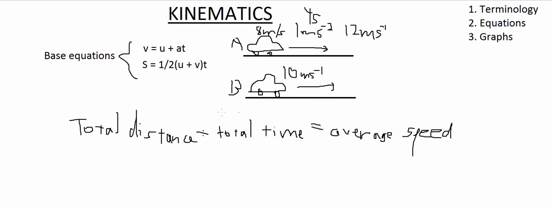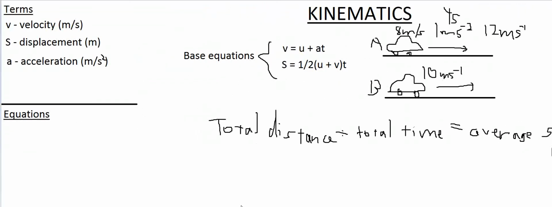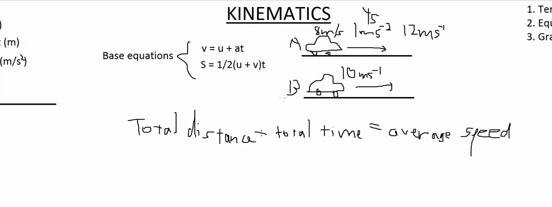So the total distance is this times this, which is the same for both cars. It's like car A was traveling slower at first, so whatever distance it lagged behind car B in the first few seconds, it makes up for in the last few seconds. So that's the second equation explained.